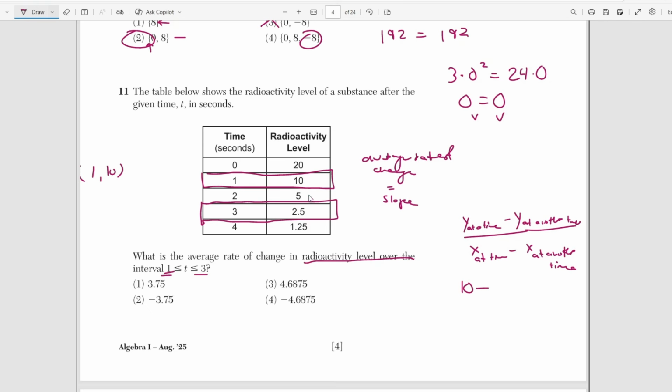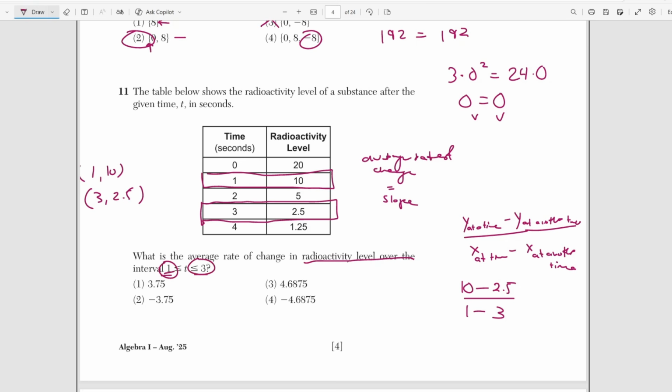So we have 10 minus our second y value, which is 2.5. Then our x value at the first y value is 1, and our x value at the second y value is 3. So literally just find the slope between 1 comma 10 and 3 comma 2.5. The average rate of change is the same thing as finding a slope where t is equal to 1 and t is equal to 3, okay?